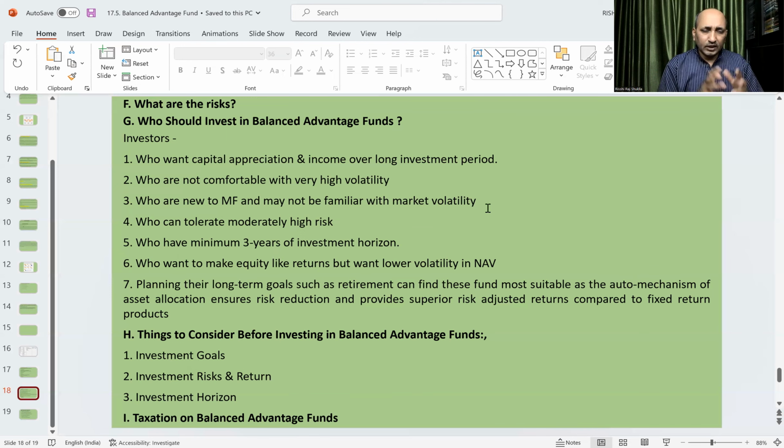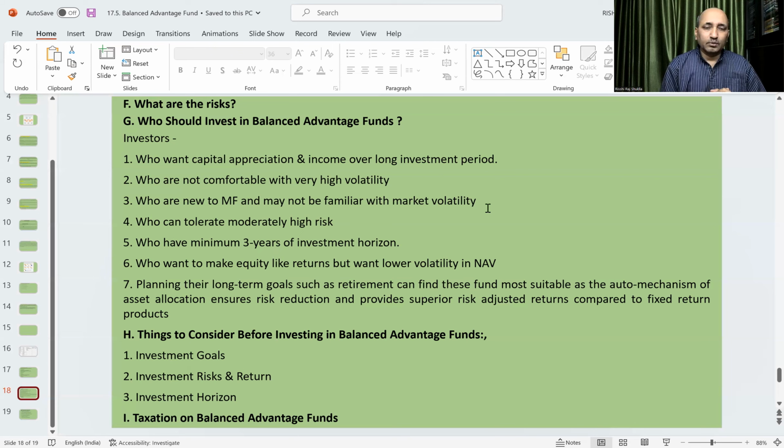And being a retirement fund, we should avoid high volatility, so we cannot go all along only in equity. So we should have our allocation in balanced advantage, especially when we are nearing our retirement. That time it is more suitable and we should invest in balanced advantage fund.